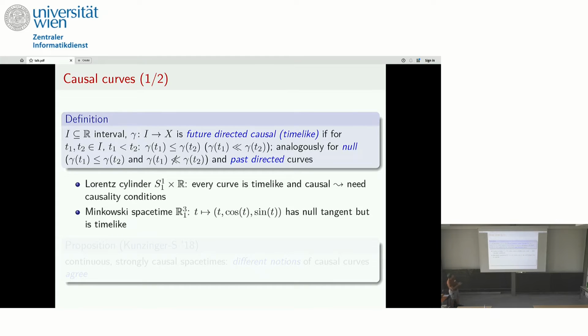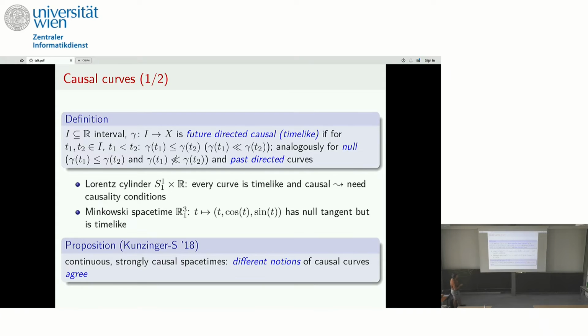So you see that for causal curves, you need causality conditions, and for time-like curves, it might be different, but the length agrees. And first, we showed that if you have a continuous, strongly causal spacetime, then actually the different notions of causal curves agree.